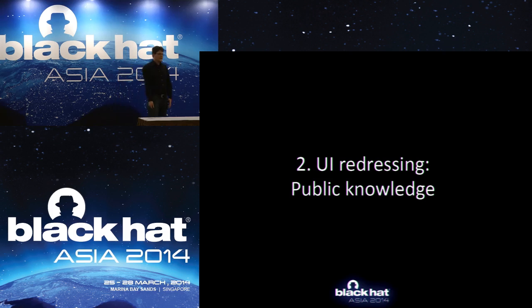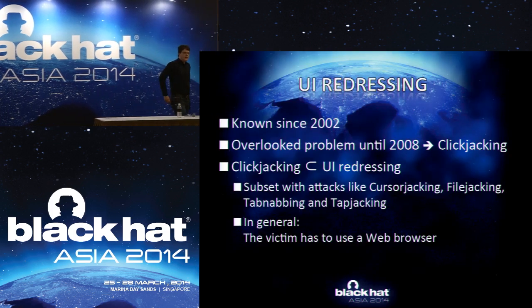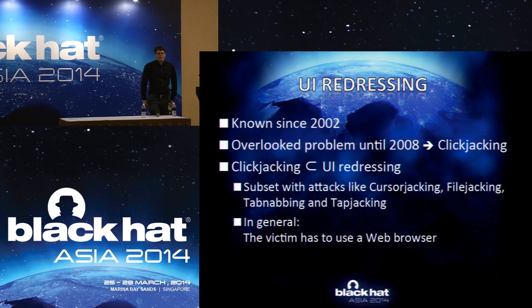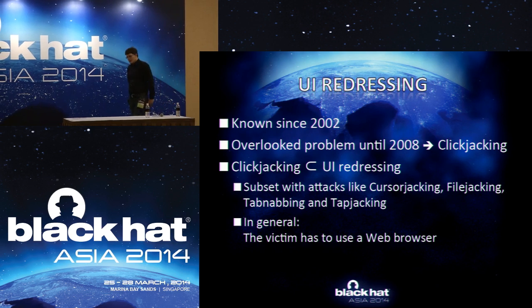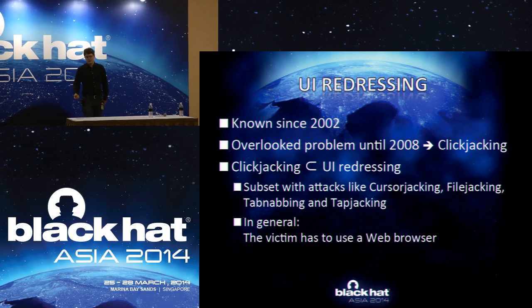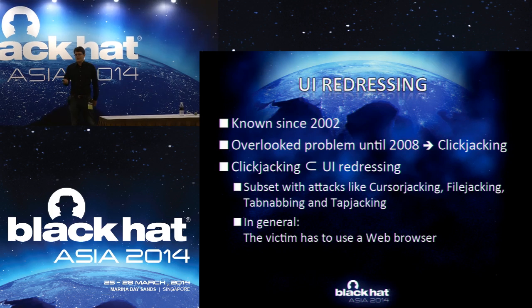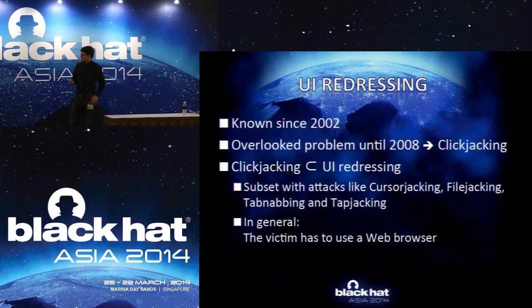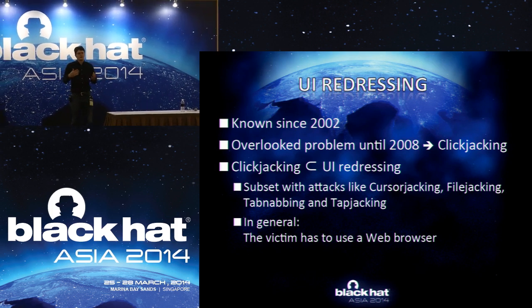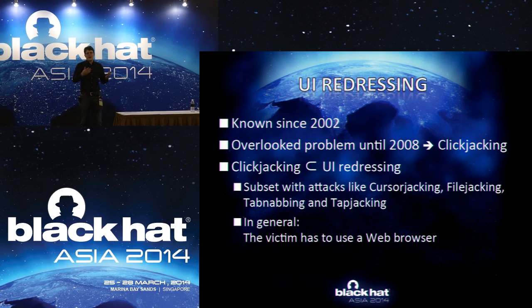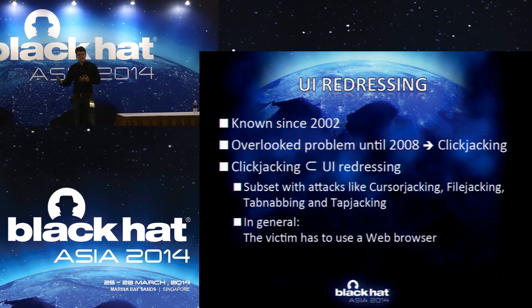So let's begin with the public knowledge part. UI redressing is a problem which is known since 2002. The background story behind that is that Jesse Ruderman, a security researcher from the United States, published in the Mozilla Bug Tracker that it is possible to make elements transparent, or rather to make iframe backgrounds transparent.